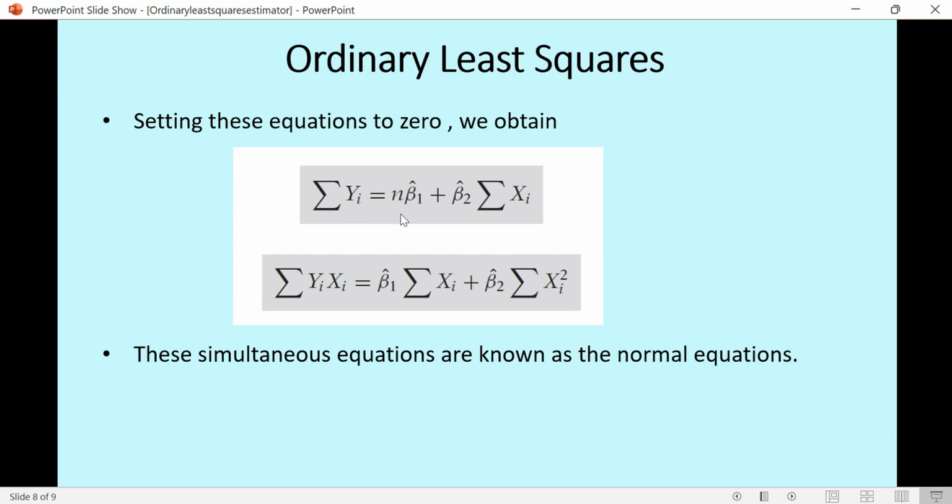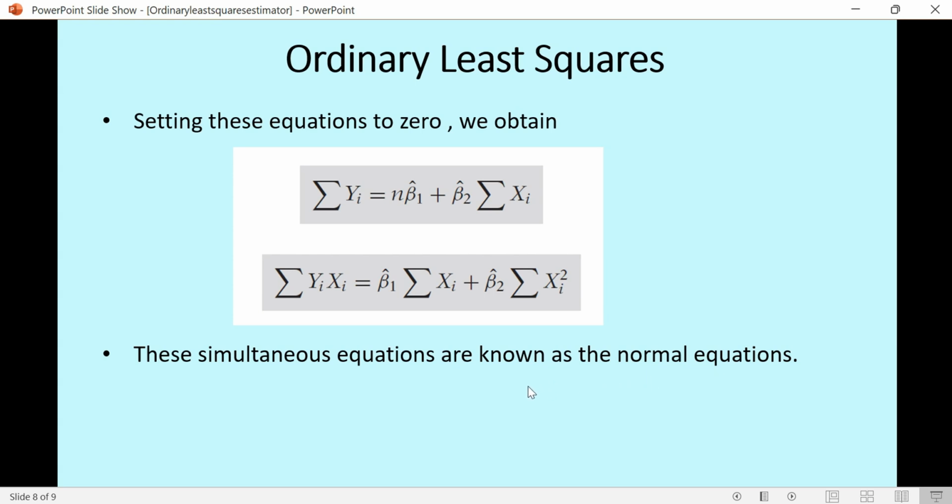So sigma yi equals n beta 1 hat plus beta 2 hat times sigma xi. And sigma yi times xi equals beta 1 hat times the summation of x plus beta 2 hat times the summation of xi squared. And these two equations are called the normal equations.